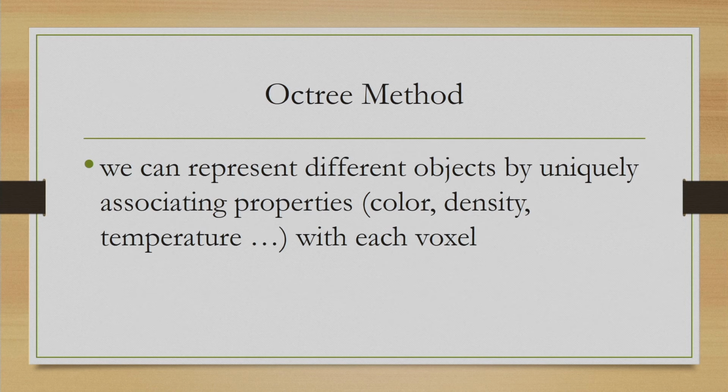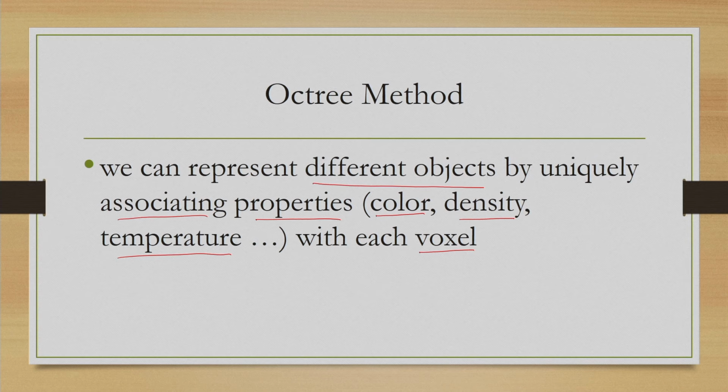So, in order to represent different objects, we can associate unique properties to those leaf nodes or voxels, properties such as color, density, temperature and so on. That is the basic idea.